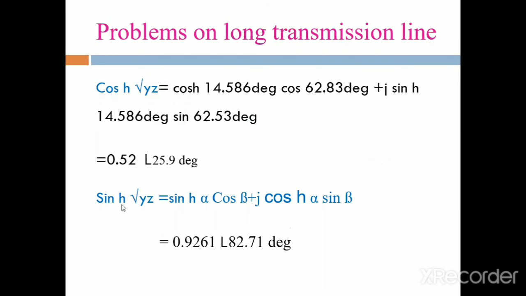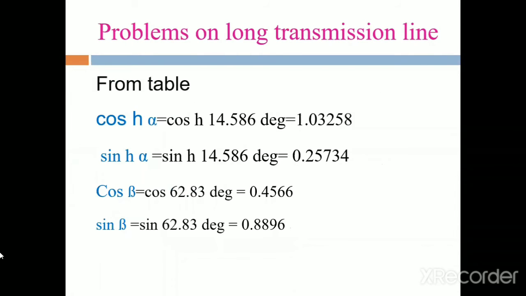Next, we calculate the sinh root of yz, that is equal to sinh a cos b plus cosh a sin b, where alpha is assumed as a and beta is assumed as b. Therefore sinh root yz is equal to sinh alpha cos beta plus cosh alpha sin beta.